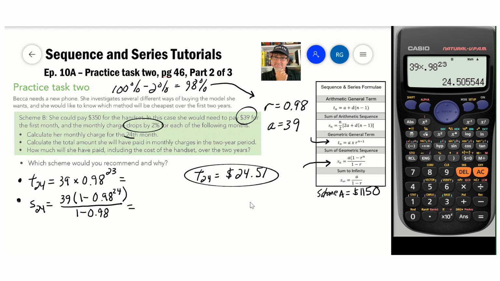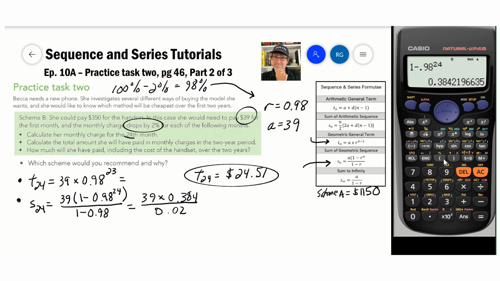Okay, got some simplifying to do here. So we've got 39 times, well, let's find out what this 1 minus 0.98 to the 24th is. 1 minus 0.98 to the power of 24. That gives us 0.384. And I'm just going to leave it in the calculator there. I'm going to use that shortly. And in the denominator, we've got 1 minus 0.98, which just leaves us with 0.02.